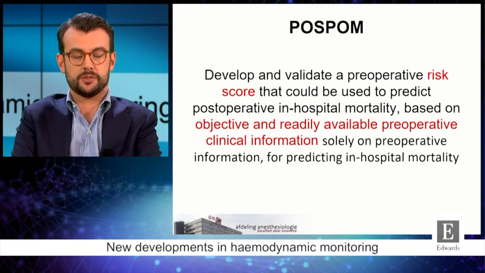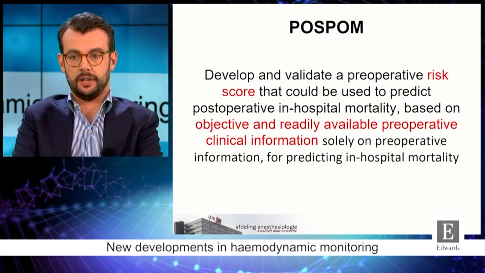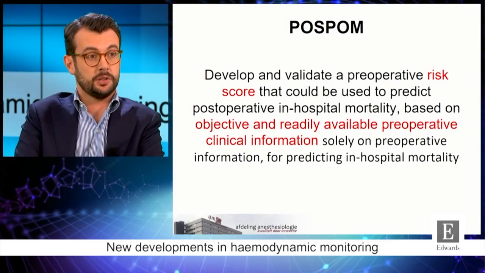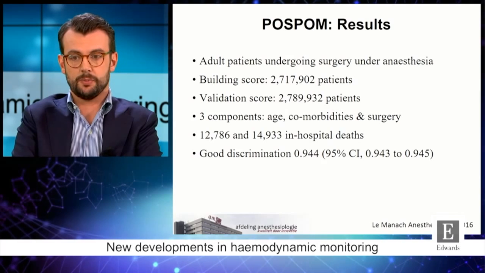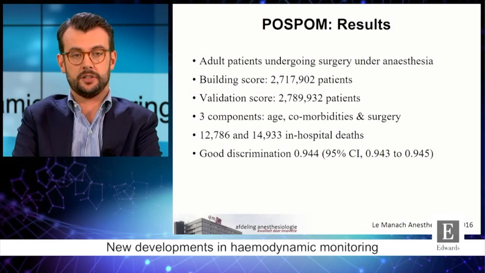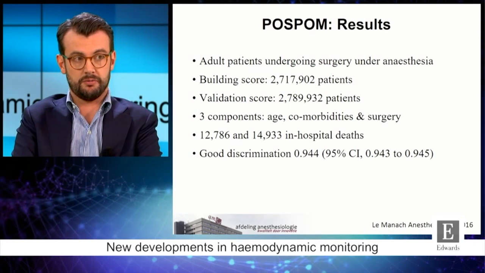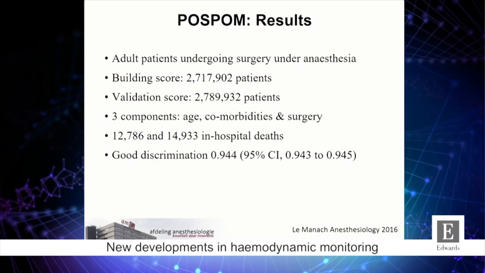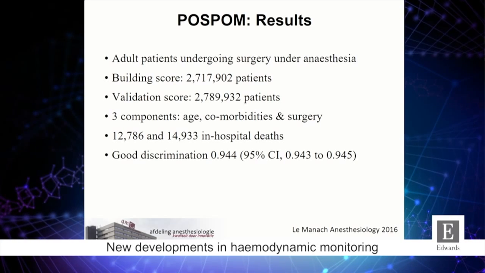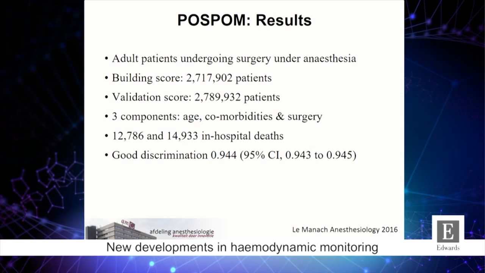And the objective was to assess risk from only preoperative information, basically what we do in everyday practice. So what did they do? They targeted adult patients undergoing surgery under anesthesia, any form. They built the score with the use of more than 2 million cases in France, and they validated again on a similar group. So it's building the score and validation in one.